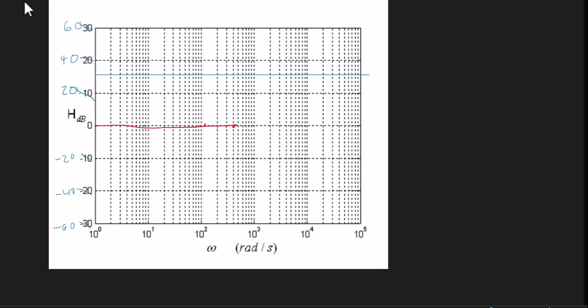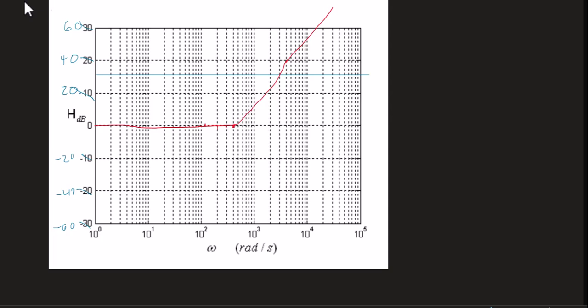And then because it was order 2, the slope is 40. That means I go over 1, and by going over 1, I mean go over to the same type of vertical line in the next decade, and then go up 40. And I get that one.